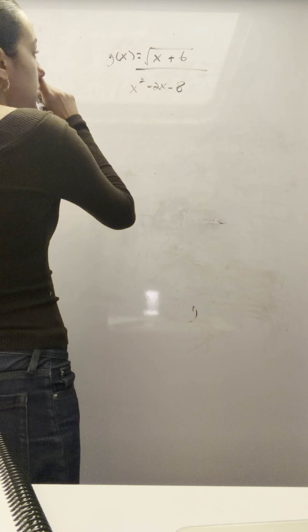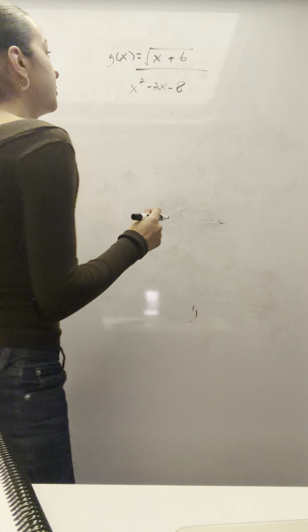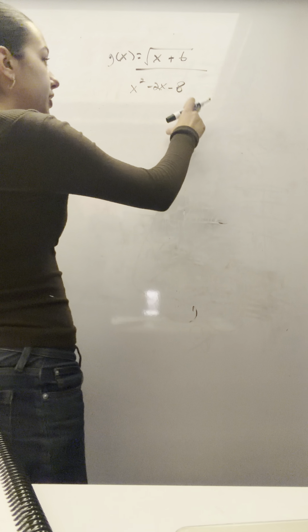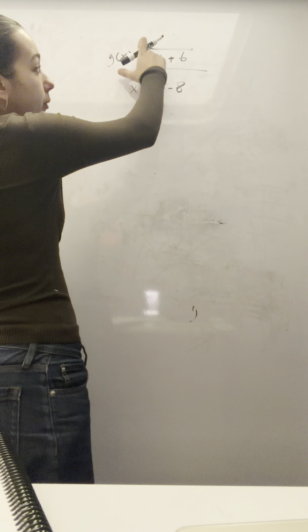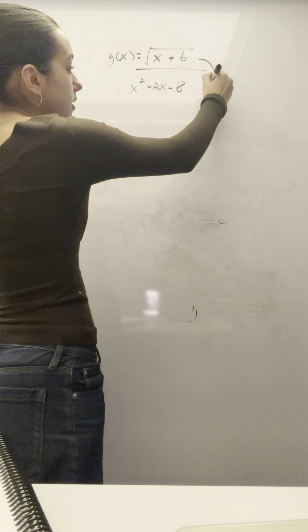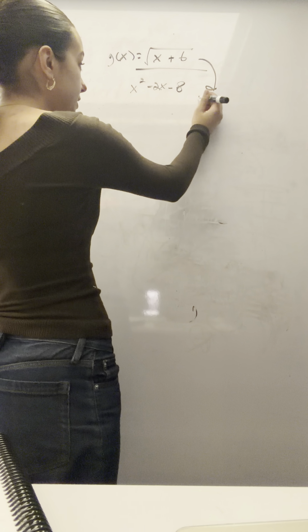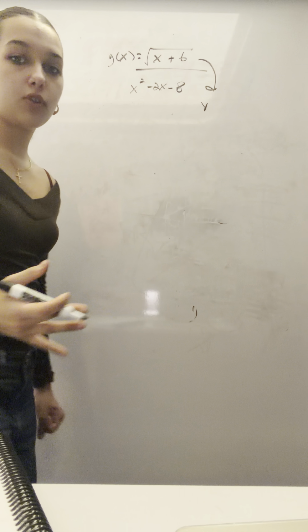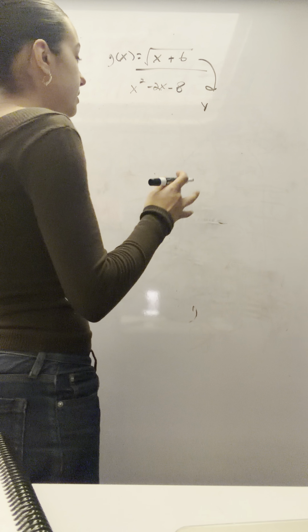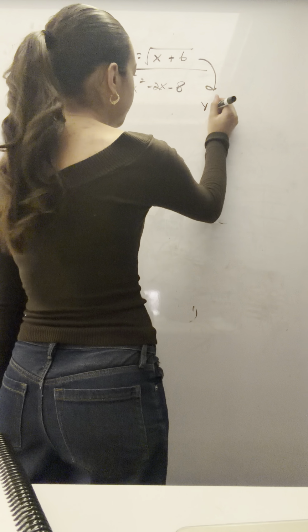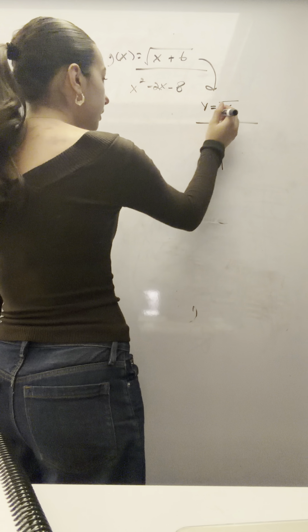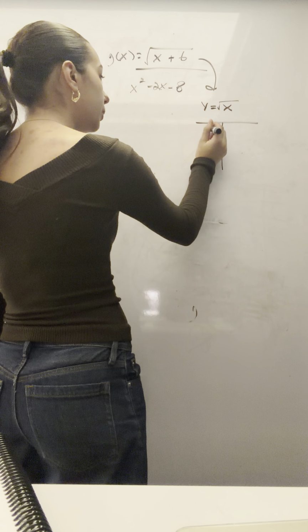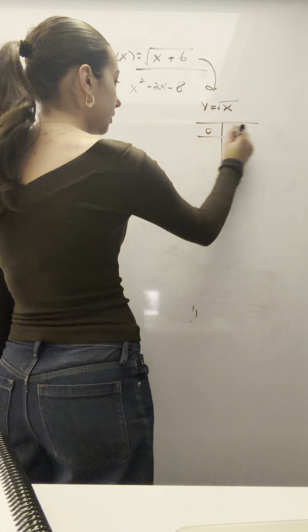Okay, so in order to find our domain, we have to find the restrictions of each function. On the top, we have a square root function. The general parent form of a square root function, parent form is just a fancy word for the simplest form of this equation, would be y is equal to root of x. Root of 0 is 0.